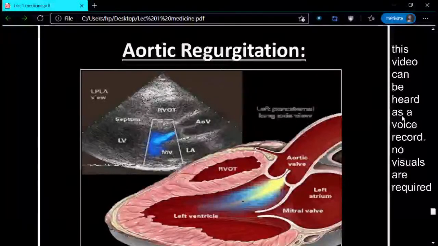In this picture we can see the mitral valve, atrium, ventricle, thickened, on the aortic valve and the right ventricle.